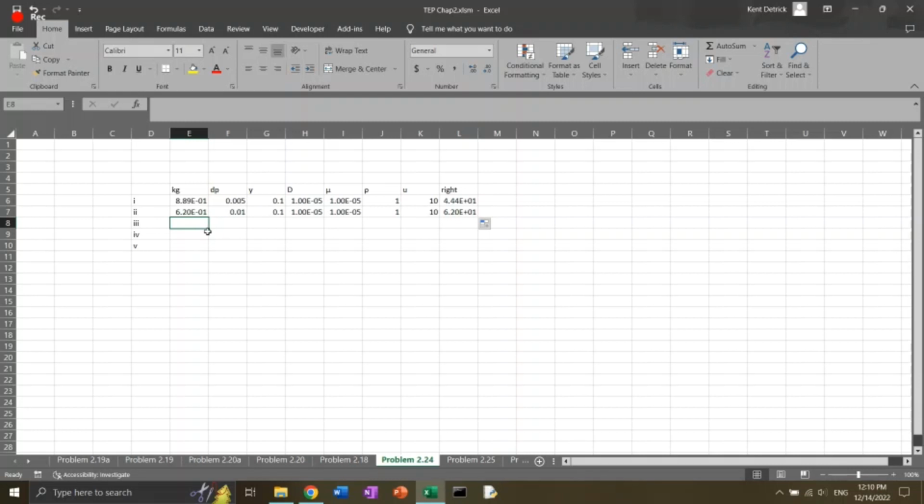Now, scenario number 3, all of the above, only double the diffusivity. So this is doubled, and everything else is the same as before.